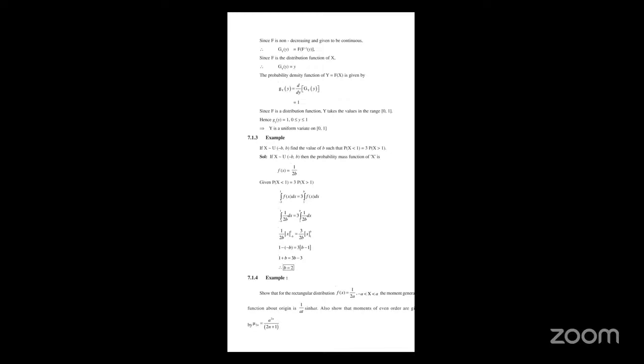So what are the things we covered? We'll have a glance. We covered the beta distribution of the second kind, we completed. The Cauchy distribution, we completed.